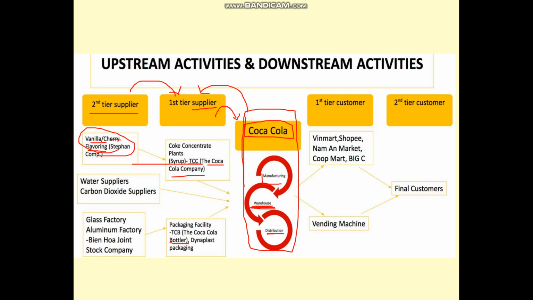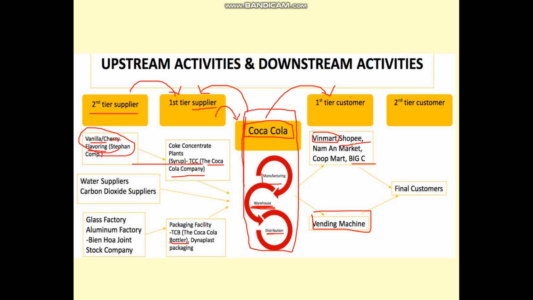And after they finish their Coke bottle, they will deliver it to the first tier customer. So first tier customers are the people who receive the product directly from the manufacturer. For example, wholesaler, retailer like Walmart, Shopee, Big C, or vending machine.